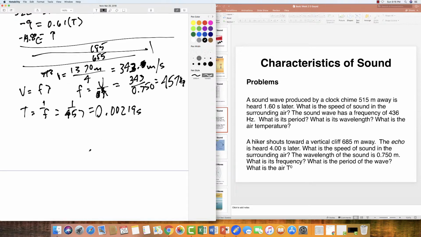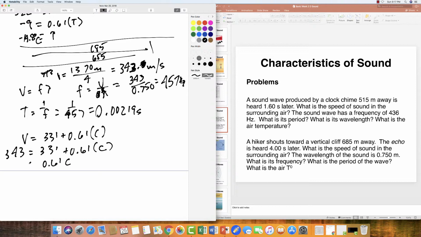And then lastly, what is the air temperature? We use this same equation here. V is equal to 331 plus 0.61 times the temperature. And now we have 343 is equal to 331 plus 0.61 C. So 0.61 C is going to equal 12.